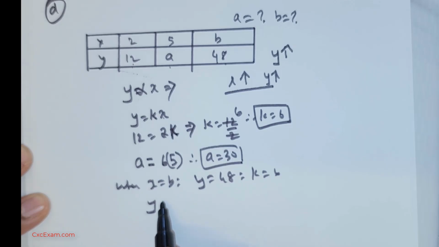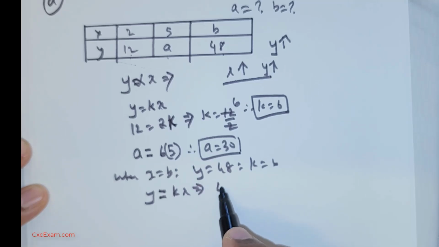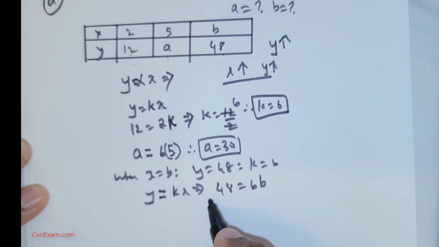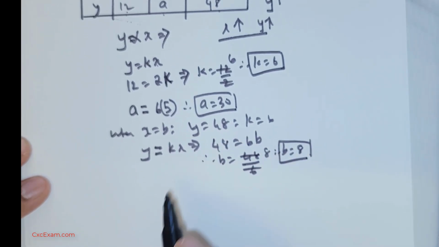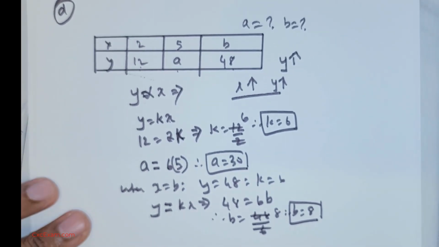So the proportionality is now rewritten: y is 48, k is 6 and x is b. So therefore b is 48 divided by 6, 6 8s are 48, so the value of b is 8. So that is how you obtain the value for this question, and that completes the question.